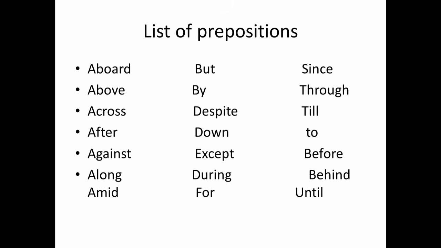Nowadays, we use this word as amid, but by, despite, down, except, during, for, since, through, till, to, before, behind. The list is not terribly alphabetically arranged, so do not mind that.